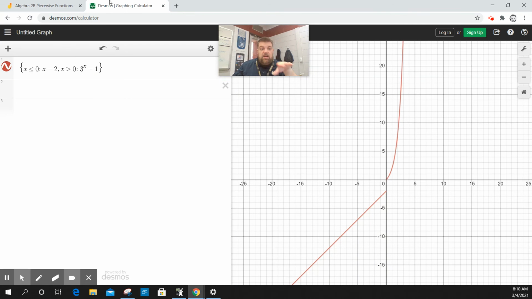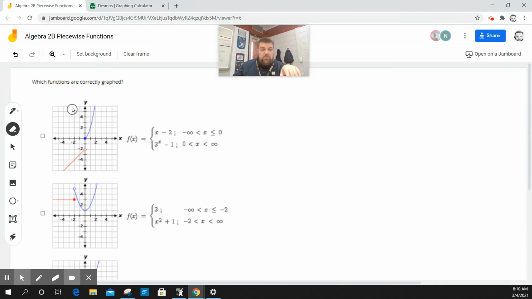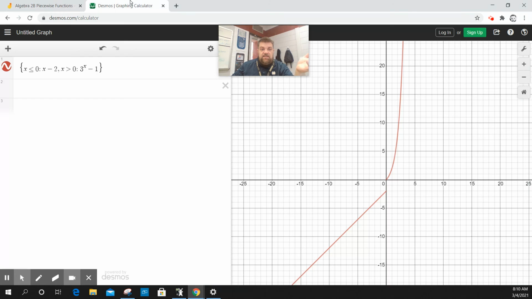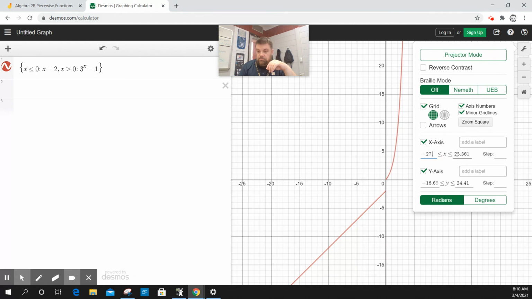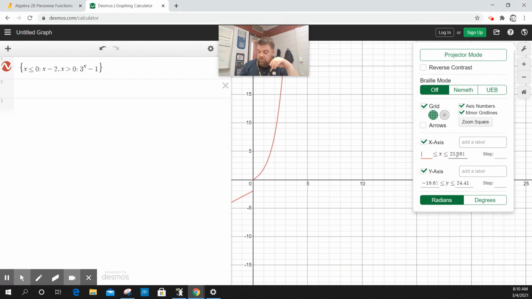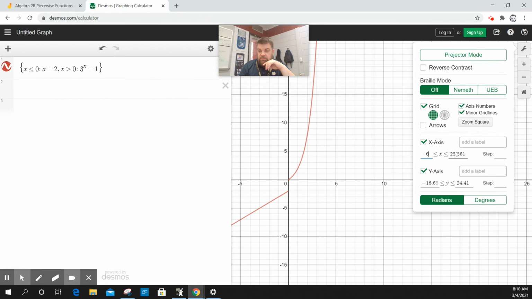So that's that. Now I'm going to set my scale. I notice that this goes from negative 6 to 6, so I'm going to set that parameter in my calculator. It'll make it a little easier to make my graph look just like their graph for the most part.